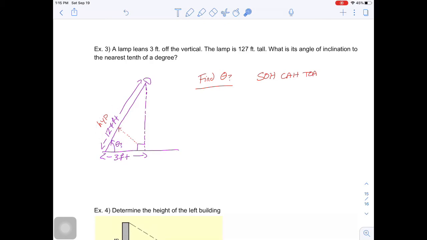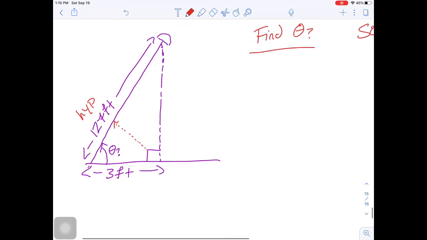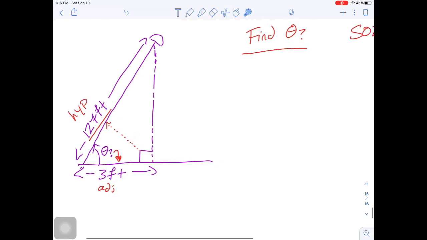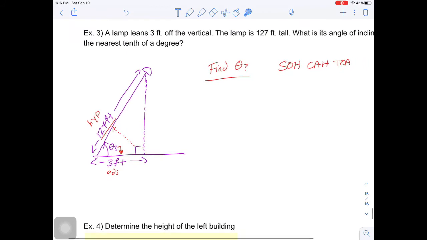How do they all relate? Well, first off, let's determine what they actually are to this angle. So 127 foot, that's the hypotenuse. It'll always be the hypotenuse. And this 3 feet, that makes this 3 feet the adjacent. So what relates adjacent and hypotenuse? The thing that relates adjacent and hypotenuse will be cos. Cos angle equals adjacent over hypotenuse. So we're going to use this guy.